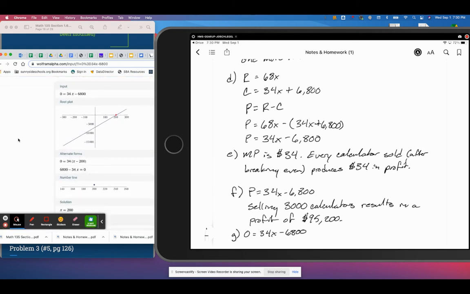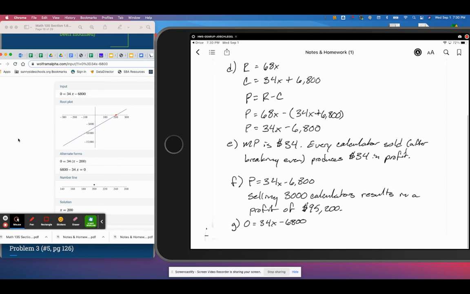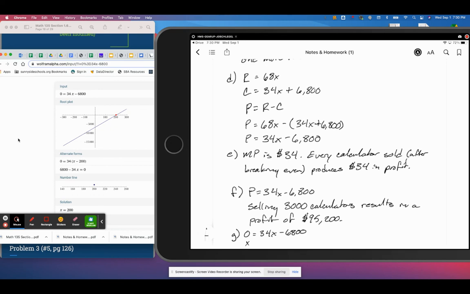And we get x equals 200. I'm running out of room on my little page over here, but x equals 200. So sell 200 calculators to break even.